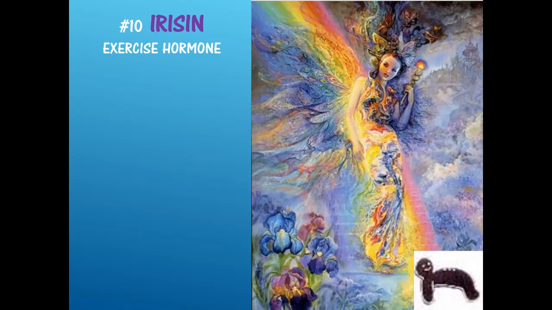All right, I added this one. Somebody did this as a research paper, and so this is my attempt also to stimulate you to get an idea. Iris is the rainbow goddess. She came on the rainbow bringing messages in, I think, Greek mythology, and yoga stimulates the release of this. And so it is called the exercise hormone. Miranda did a wonderful paper last term on a neurotransmitter, a mini polypeptide, that's also released in exercise.